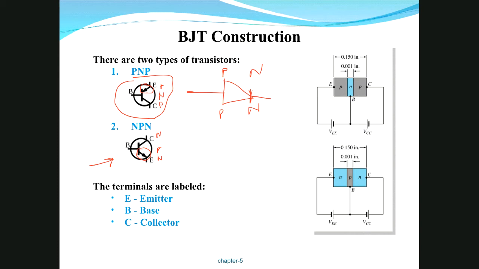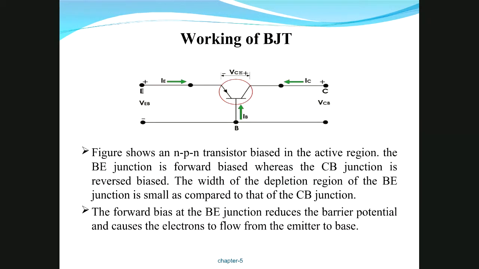Now coming back to the working, we apply our input signal on the left side of the transistor, and we collect our output on the right side. Can anyone tell me by seeing this figure whether it is PNP or NPN?